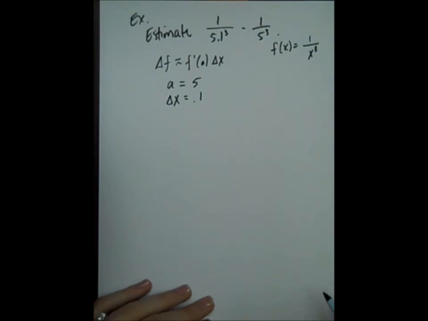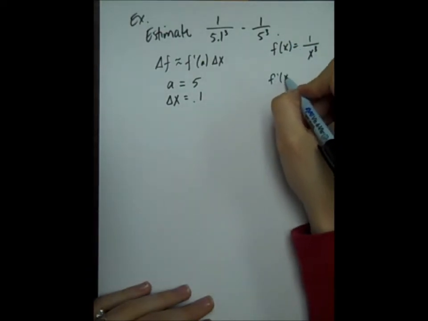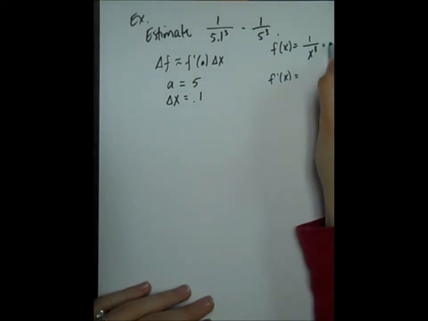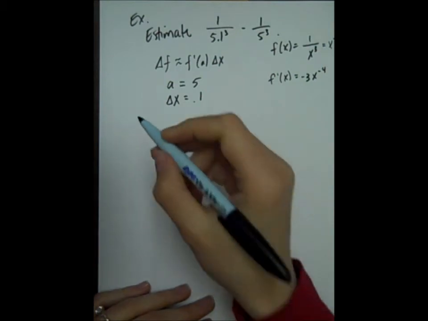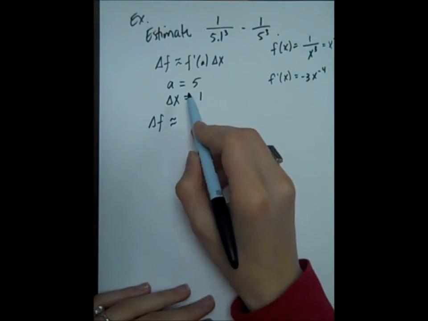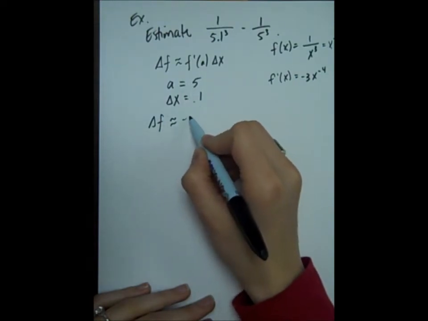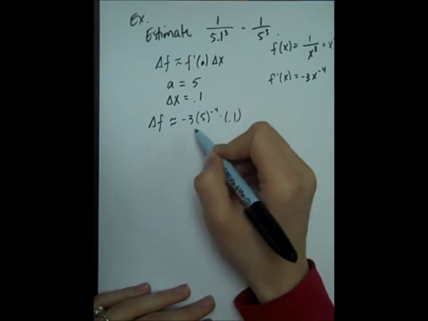Alright. Now is when I just plug it into my formula, but to do that I need the derivative. So if I change this to be x to the negative 3, I'll get that my derivative is negative 3x to the minus 4. So the change in f is going to be approximately f prime of 5, so negative 3 times 5 to the negative 4 times 0.1.